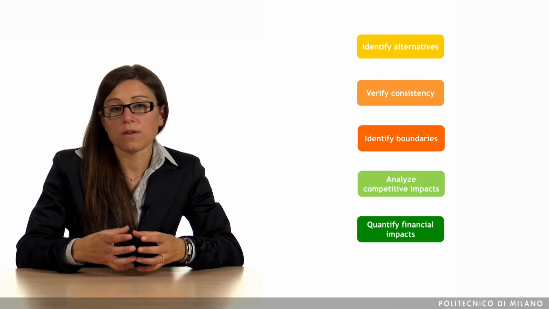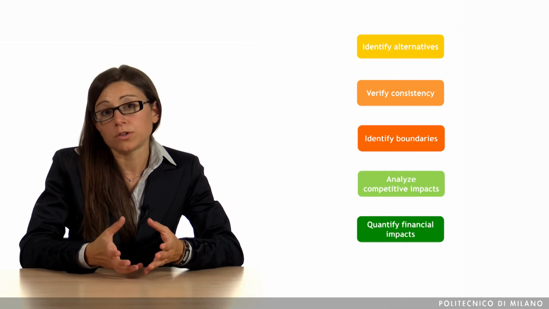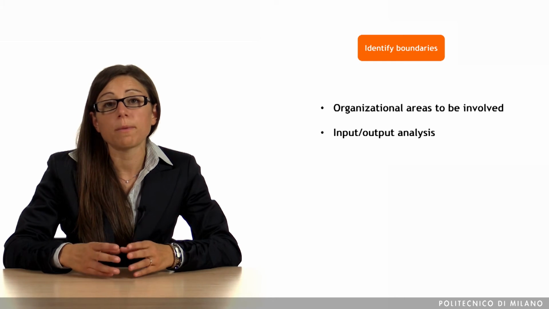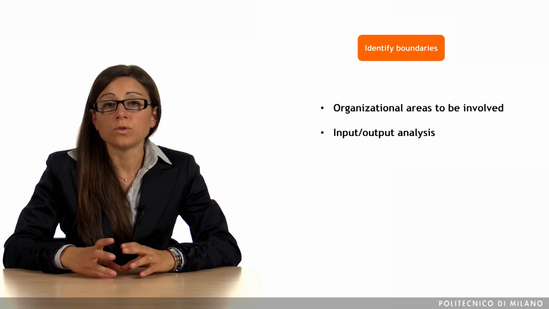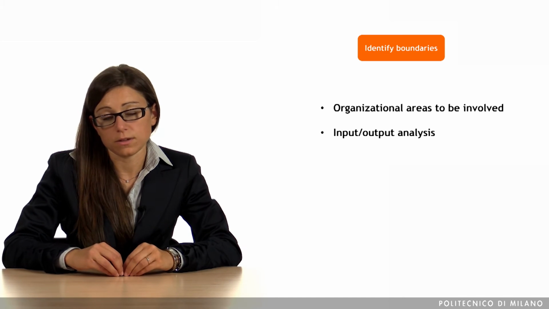At this point, once we have identified the amount of our investment, of our alternatives, we can move to step number 3. Step number 3 is the identification of the organizational boundaries per each of our alternatives. This means that we need to identify which are the organizational units that are affected the most by our investment. We can do this by doing an input-output analysis with respect to our activities.